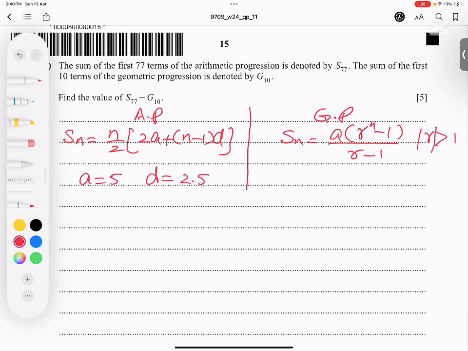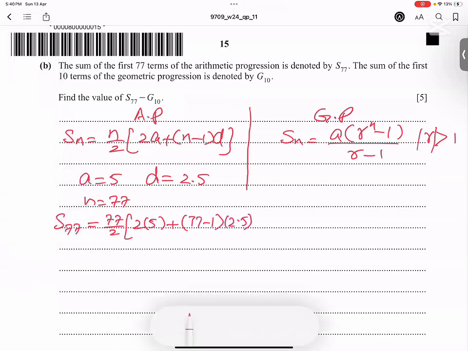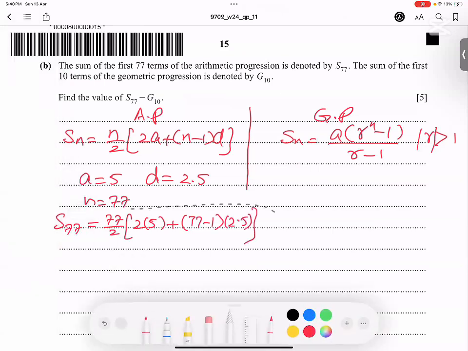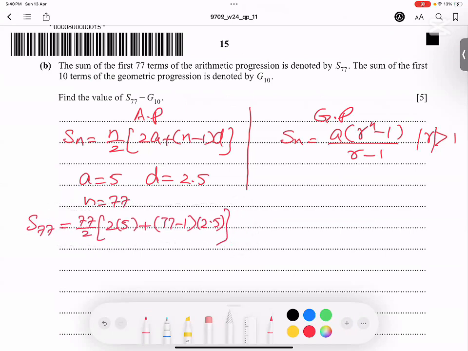Okay, this is done, nothing hard. I'm going to plug in 77, so it's a very clear S77. So 77 divided by 2, times 2 times a, plus 77 minus 1 times 2.5.